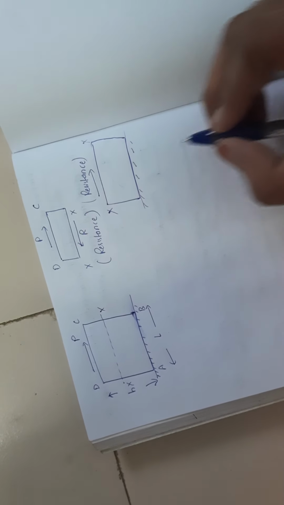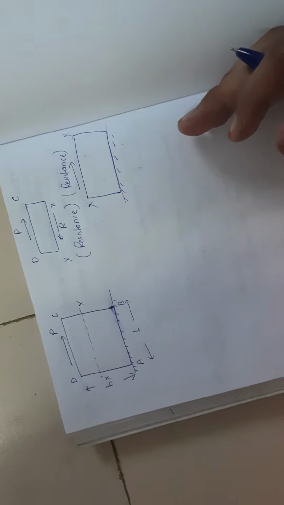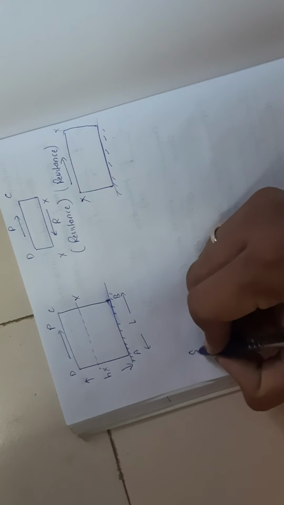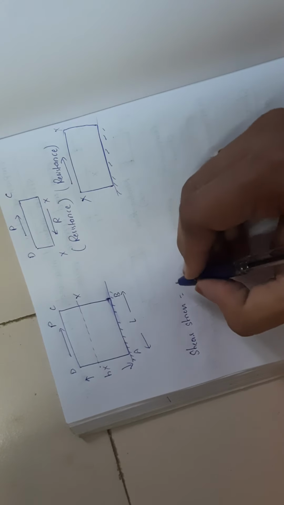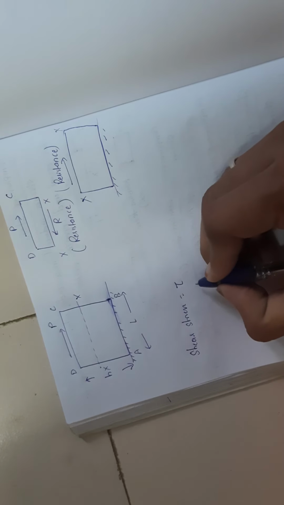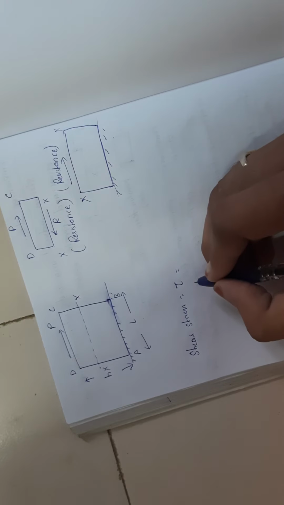Now according to the definition, shear stress is represented with tau. Shear stress is tau, normal stress is sigma.